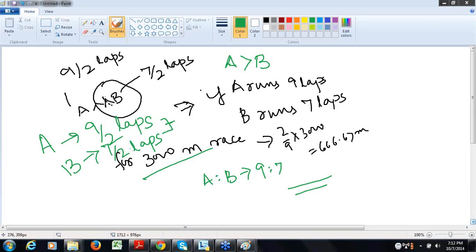Then only it can actually go more than A. Otherwise B cannot go more than A, because speed of A is greater than speed of B. So if A has completed 9 by 2 laps, B has completed 7 by 2 laps. Everybody clear till now? Or still anybody has a problem? Just raise it right now so we can get it clarified and move ahead.